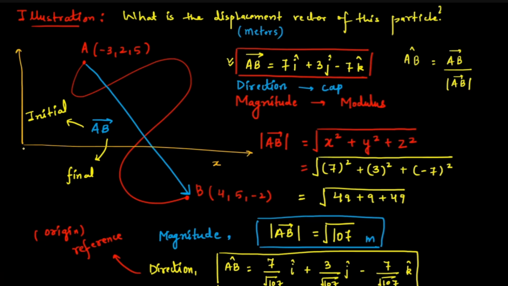This Cartesian plane must have x, y, and z axes with the reference of origin. I'm writing these directions with the reference of the origin always. This is the basic representation, or you can say how the vectors can be solved or represented.